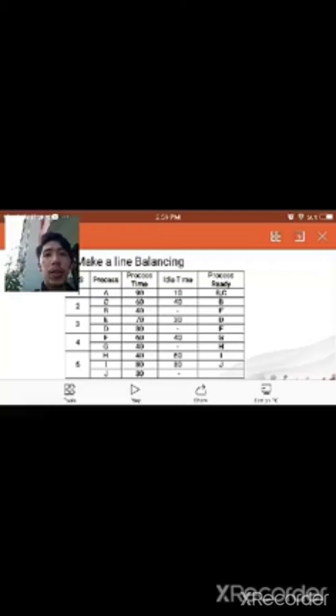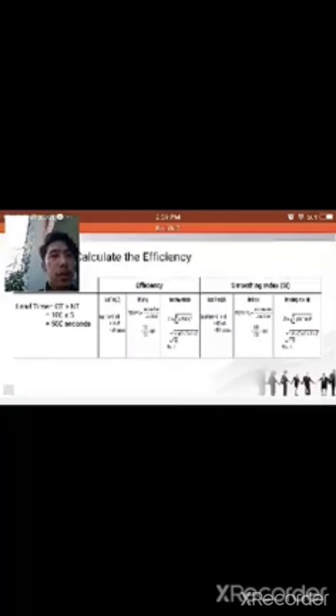So in our solution, we have 10 squared plus 0 plus 0 plus 0 plus 0. And the square root of 100 will be 10, and we get the smoothing index of 10.